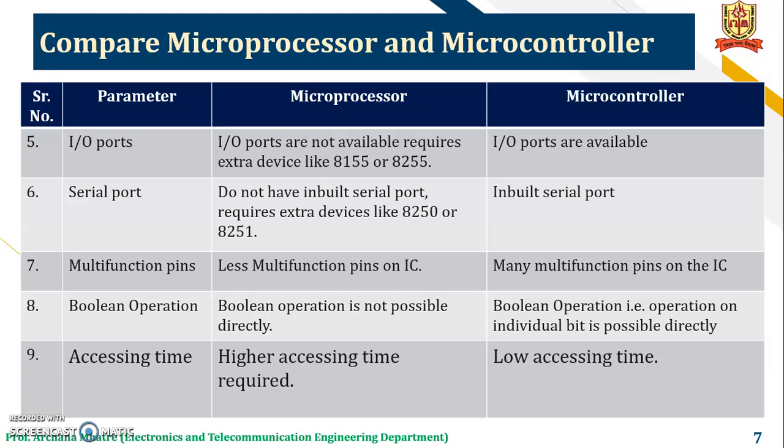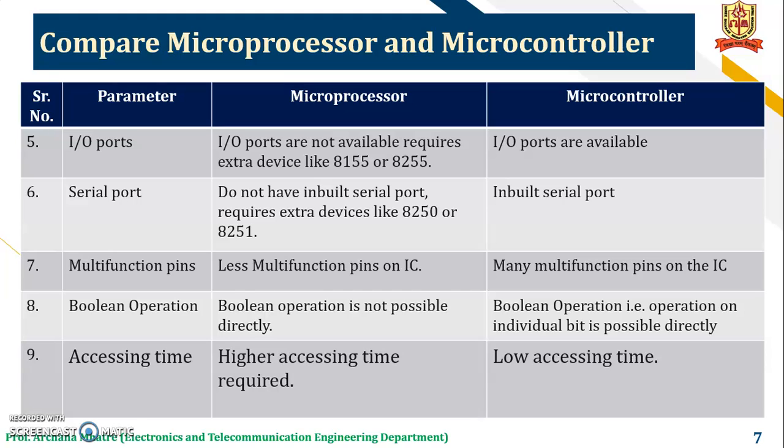In microcontroller, input-output ports are available. Next parameter is serial port. In microprocessor do not have inbuilt serial port, requires an extra devices like 8250 or 8251. In microcontroller, these serial ports are inbuilt.